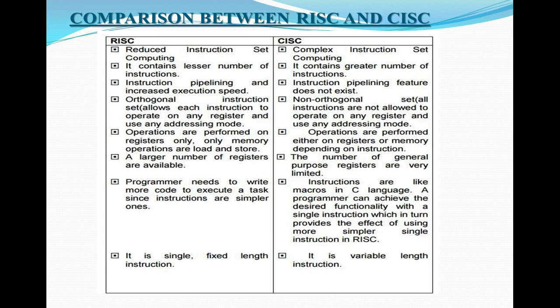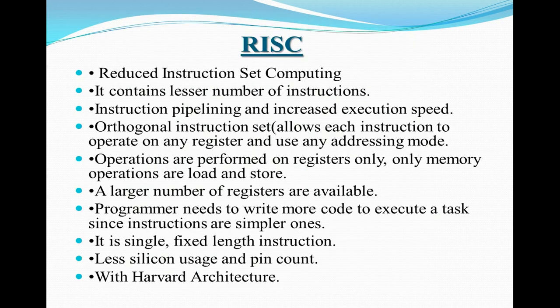In RISC the programmer needs to write more code to execute the task since the instructions are simpler ones, while the instructions in CISC are like macros in the C language. A macro achieves the desired functionality with a single instruction, which in turn provides the effect of using more simple RISC instructions.